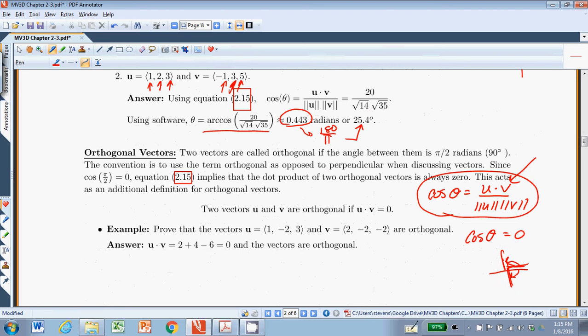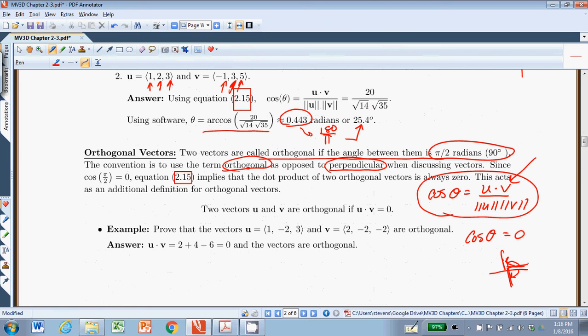When I say orthogonal, I'm not sure if we discussed orthogonal in chapter 1 or not, but two vectors are called orthogonal if the angle between them is pi over 2, 90 degrees. In other words, perpendicular, right? And generally, when we're talking about vectors, we use the word orthogonal instead of perpendicular, but I will often use perpendicular anyway.